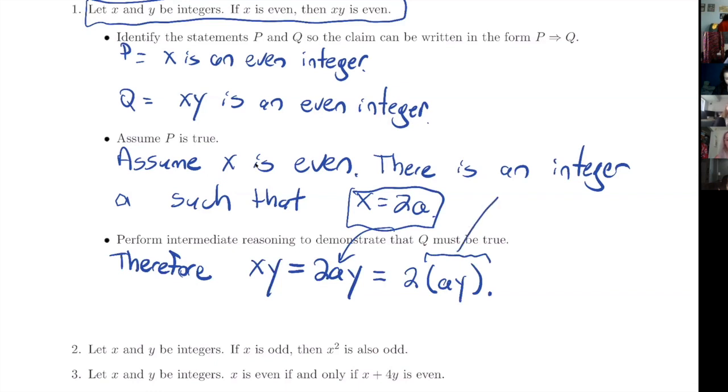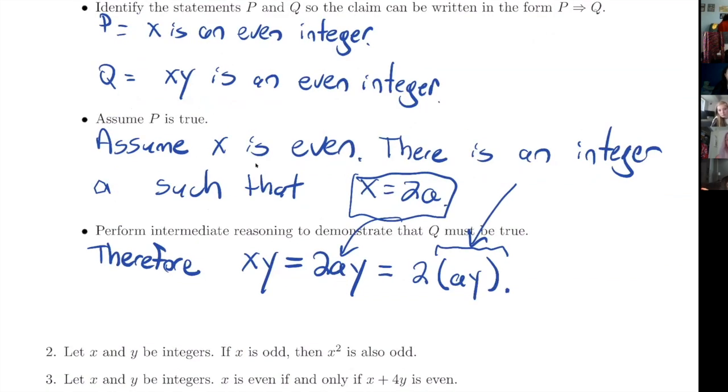Well, that's right. And careful, we don't want to assume a times y is an integer. So there is a subtle thing that we just need to be sure that we convince the reader of this proof, and that is a number is even if it can be written as 2 times an integer. So we just want to be sure that we are convinced that a times y is an integer.